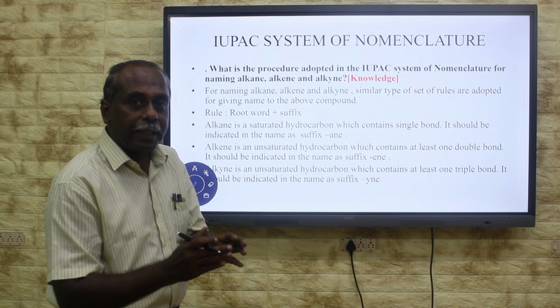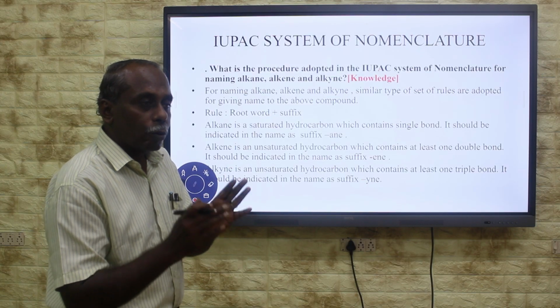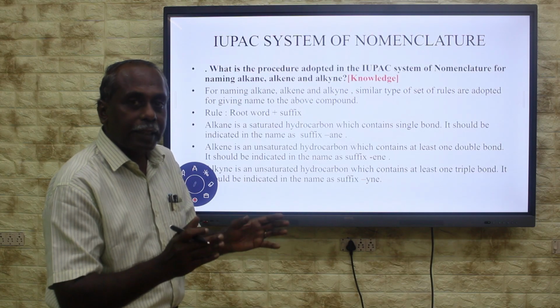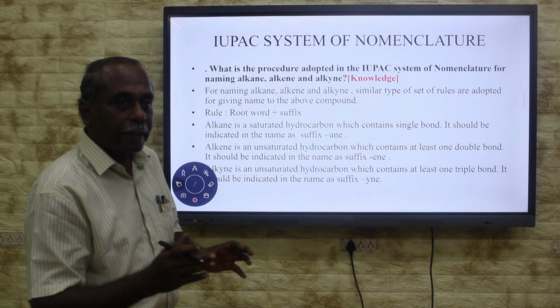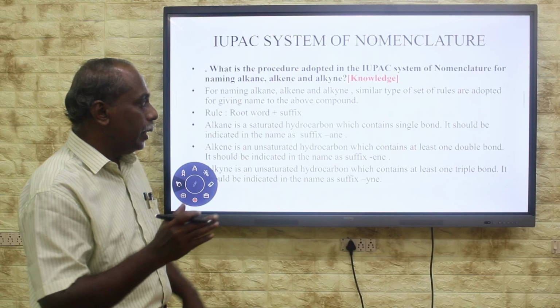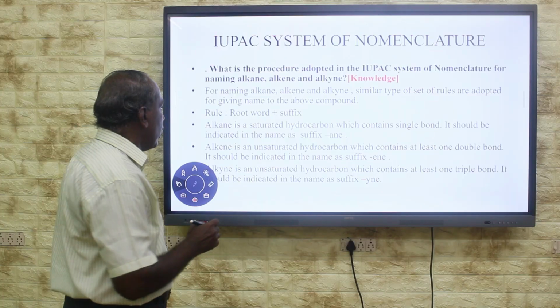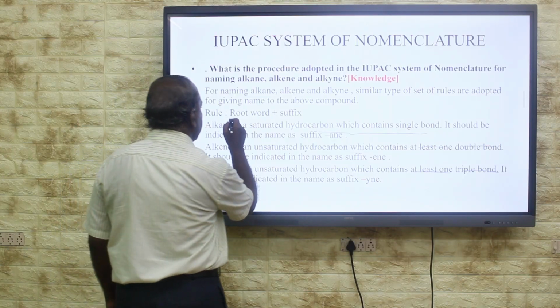Then the suffix indicates whether the compound is saturated or unsaturated. Mention those things and you can get the name of the alkane, alkene, alkyne. For all three compounds, the same procedure is adopted for naming by IUPAC nomenclature. Here, root word plus suffix.